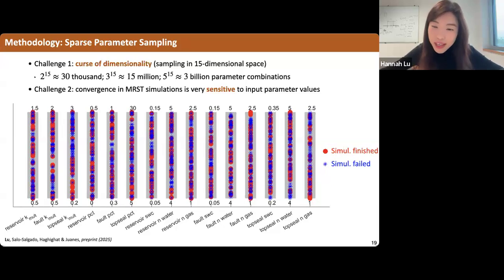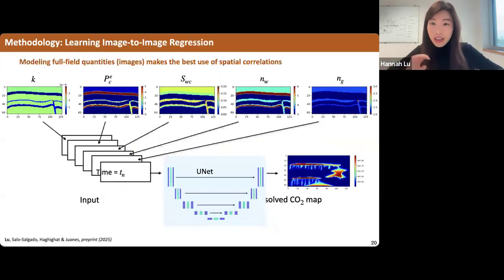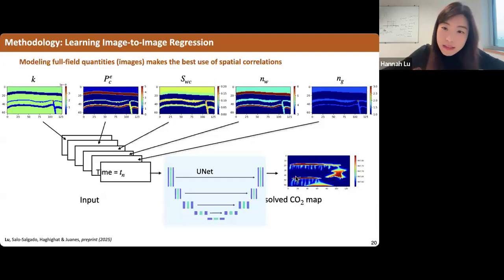It also reflects the fact that the data is always going to be sparser and more limited than we wish. So for the input and the outputs, we decided to use the full field maps as our quantities of interest. We also have the time as the 6th channel as the input, to output the resolved CO2 map.